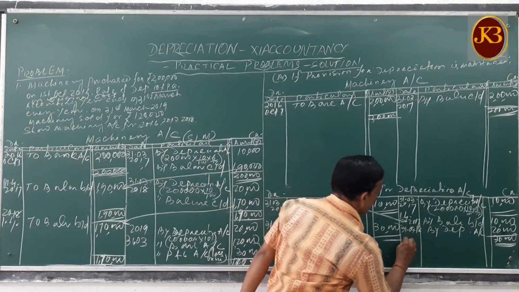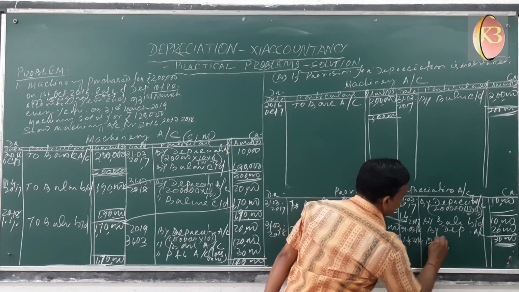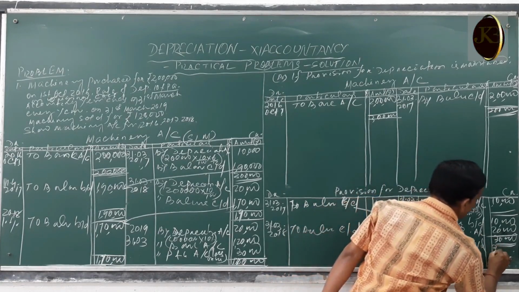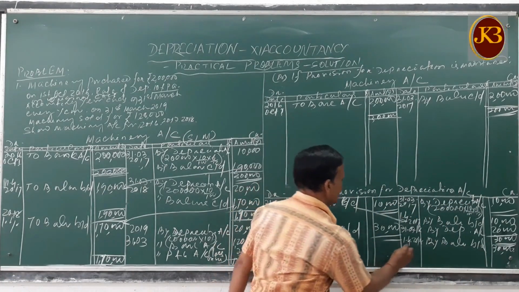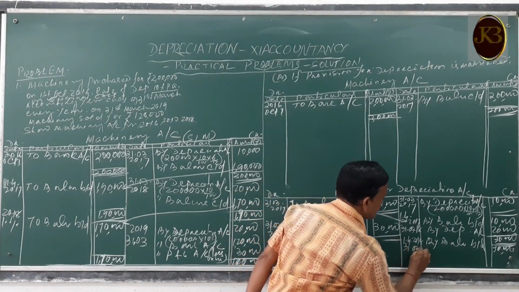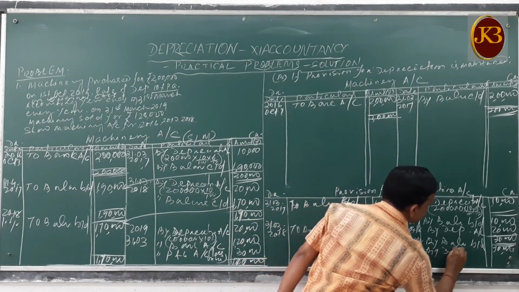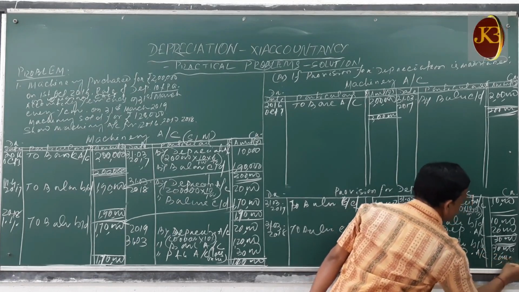Again on 1st April 2018, by balance brought down, 30,000. Again on 31st March 2019, by depreciation account, 20,000.